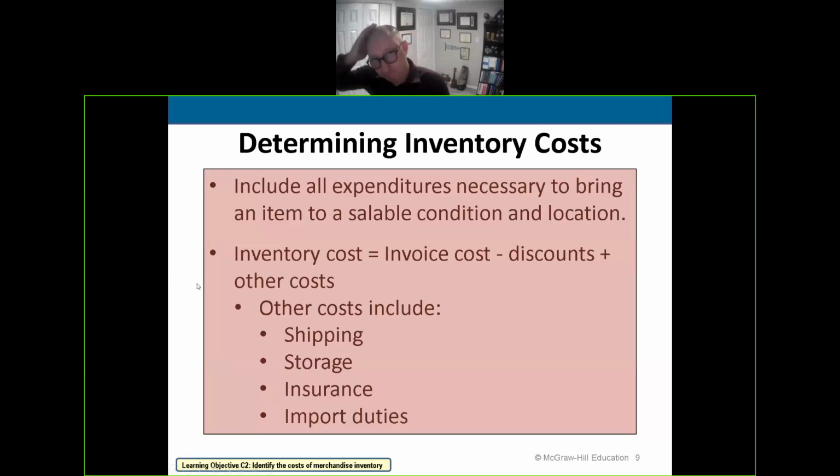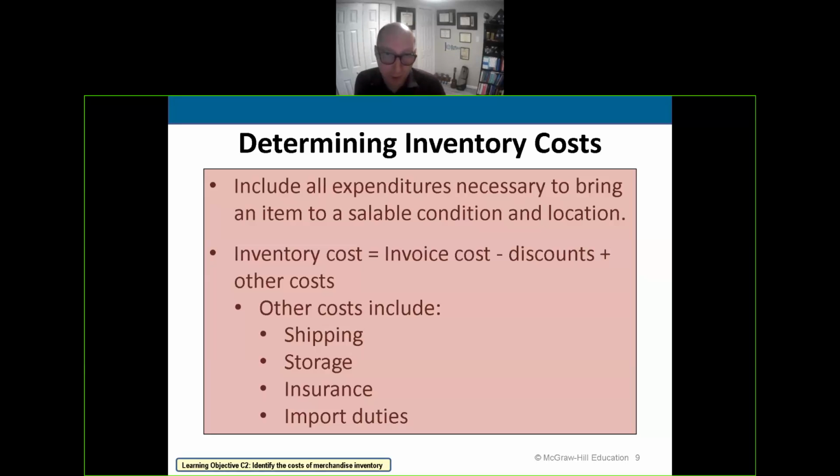Cost of goods. As I had mentioned earlier, it's not just the purchase price. When I sell inventory, the cost of that inventory is not just the purchase price. It also includes other costs.